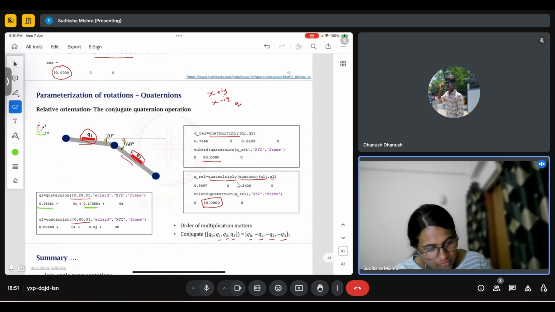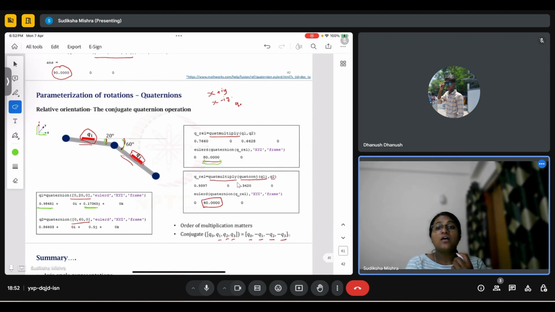You compute your quaternion and you get the sum of both of these angles as 80 degrees and the difference as 40 degrees.